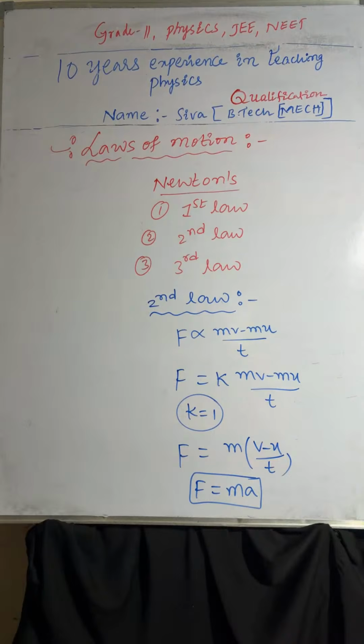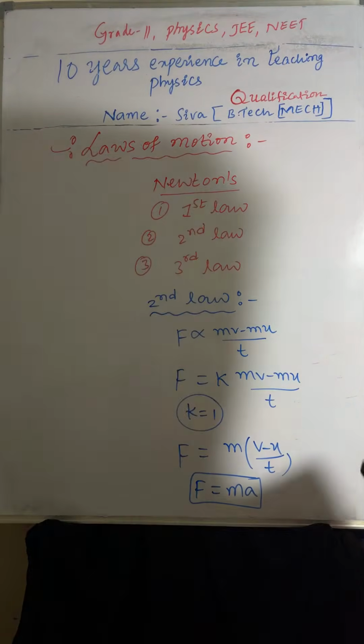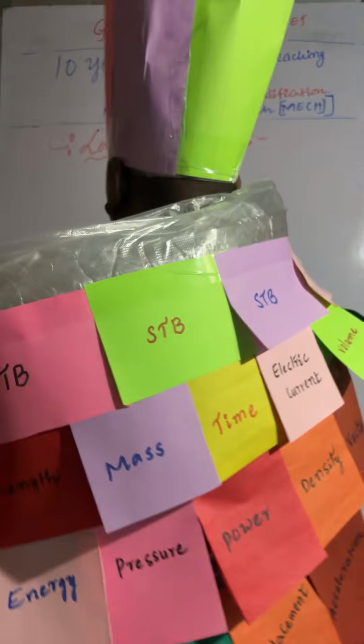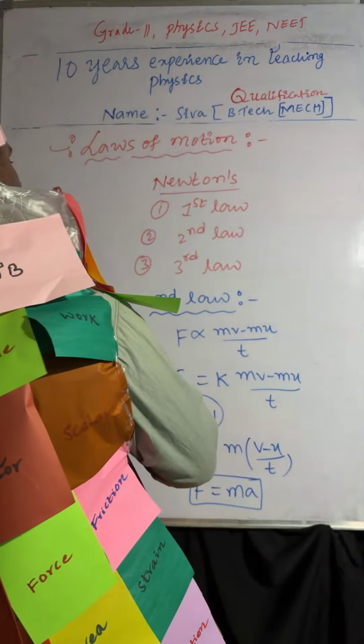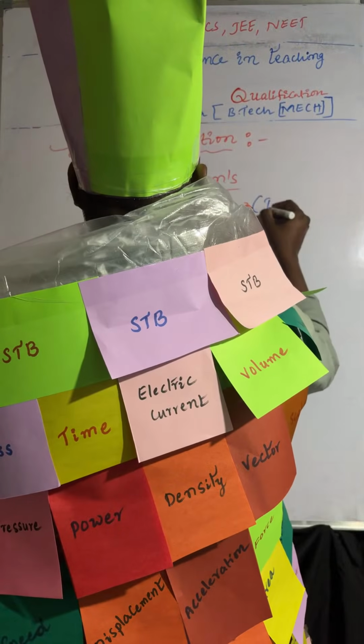Understood or not? So Newton's first law, second law, third law. The second law is that the net external force acting on the body is directly proportional to the rate of change in momentum, so K equal to 1, F equal to ma. The first law is about inertia.